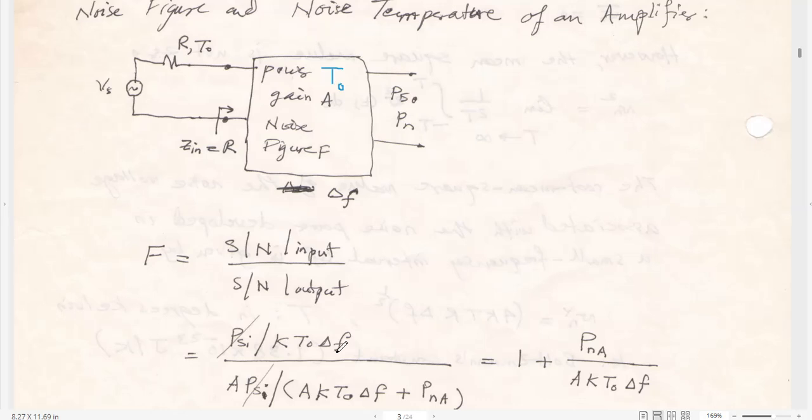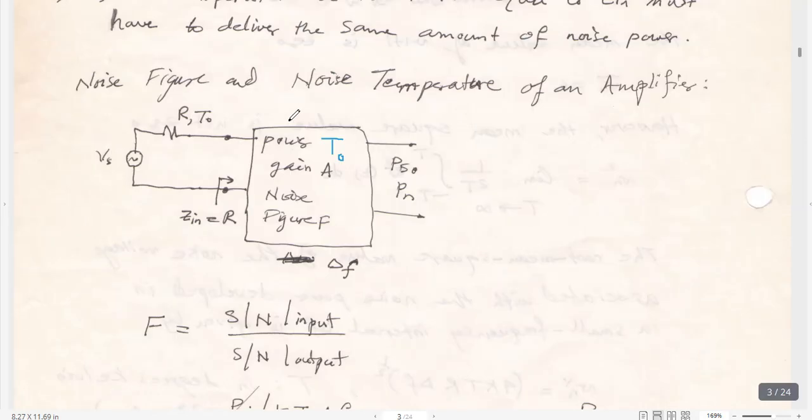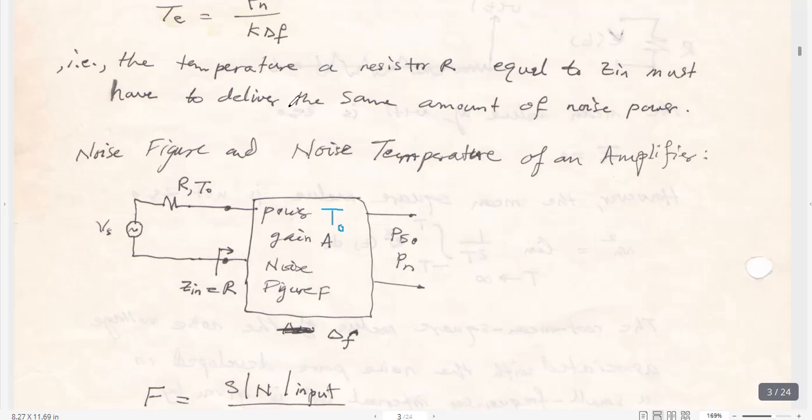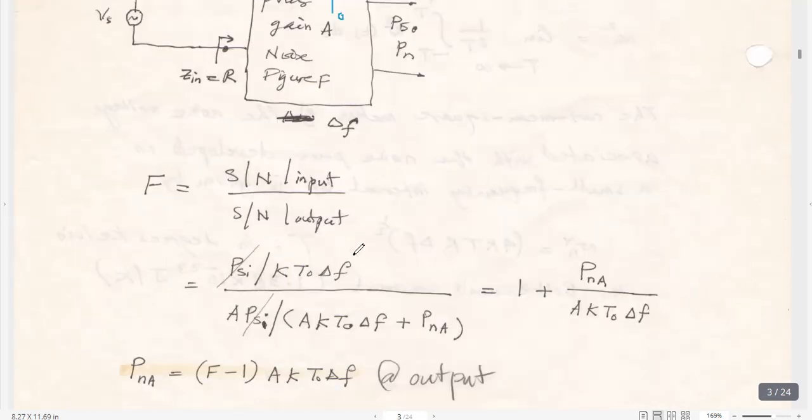Now the maximum input power deliverable to the amplifier, which is maximum because we have matching, we have already derived: it is kT delta F. You put it here, kT delta F. This is the input noise, NI.